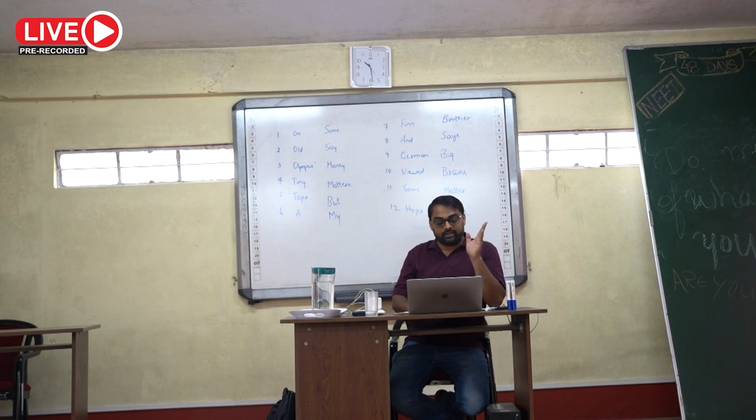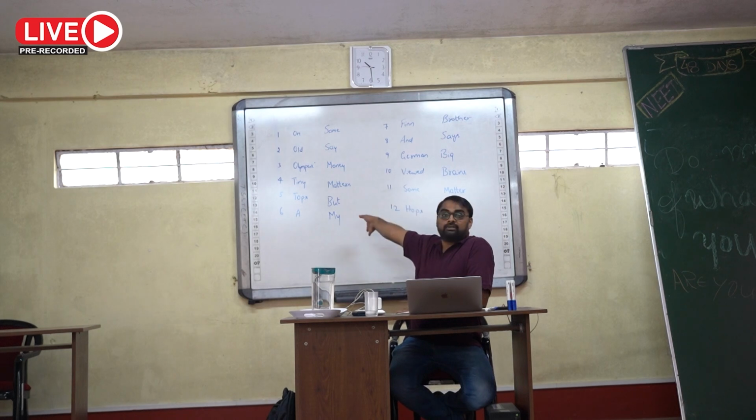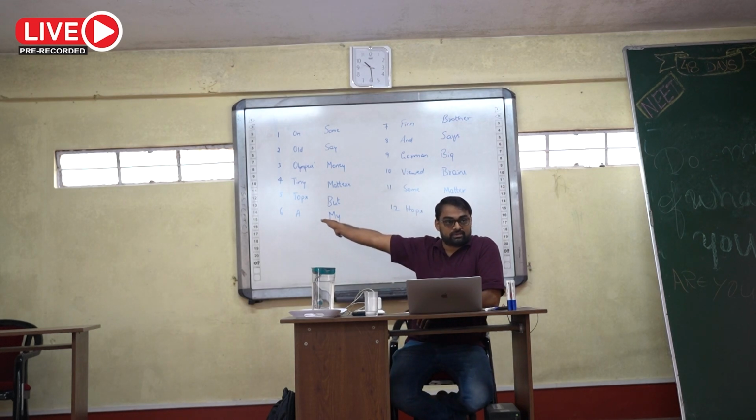Now you know the names of the nerves, no? Olfactory, optic, oculomotor, trochlear, trigeminal, abducens, facial, auditory, also called vestibulocochlear, glossopharyngeal, vagus, spinal accessory, hypoglossal. You can write one more column for the actual names of the nerves.